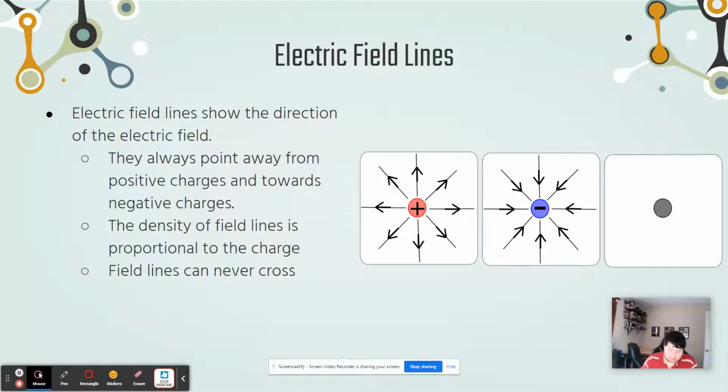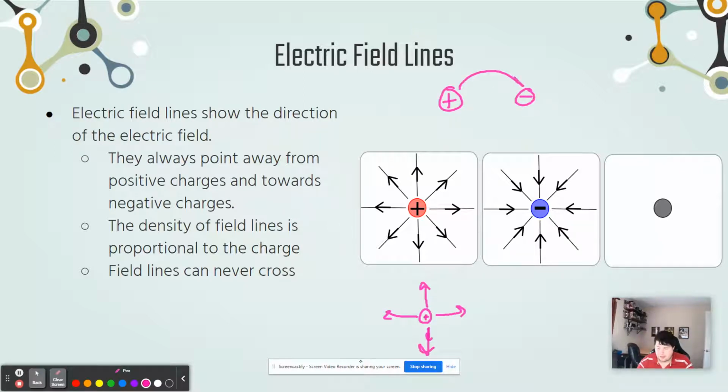What I mean by that is if you had a charge that had less positive charge than this one, you would maybe draw fewer field lines in the same amount of area. There's fewer field lines, thus it is less of a charge. The next and last point is field lines can never cross. If I were to draw field lines between two charges like this, I'm going to start on a positive and end on a negative.